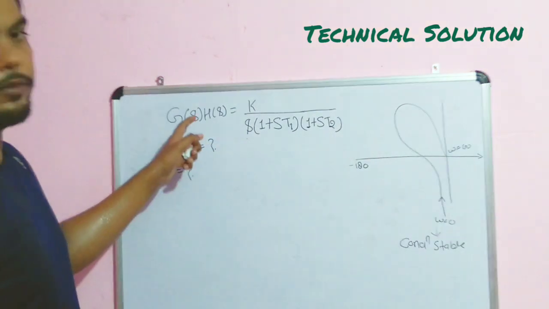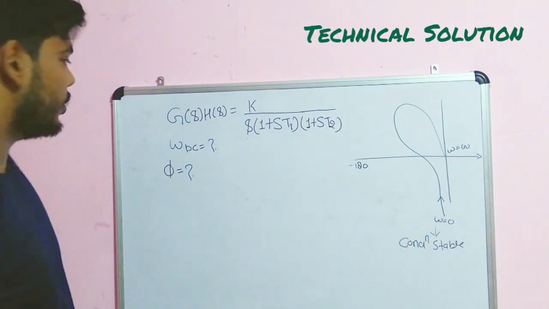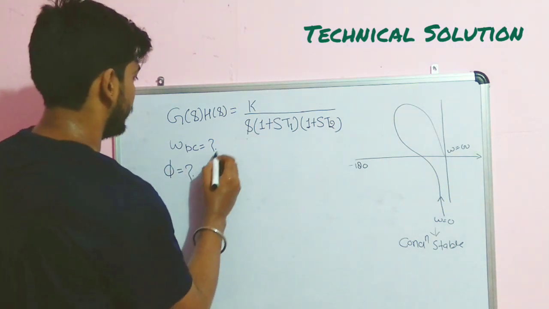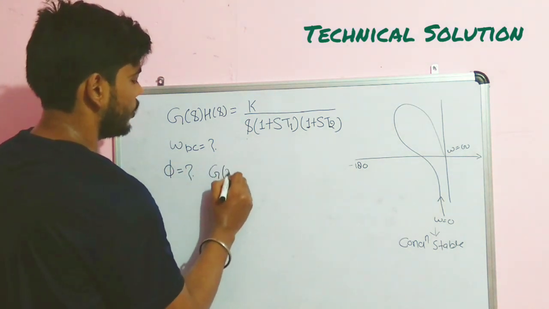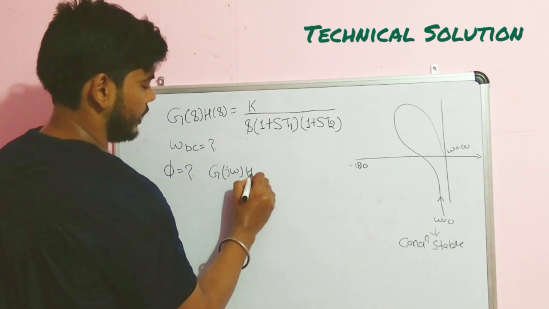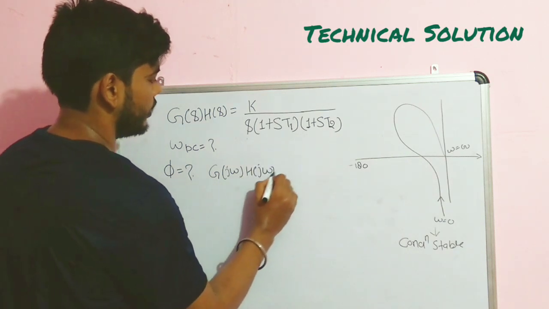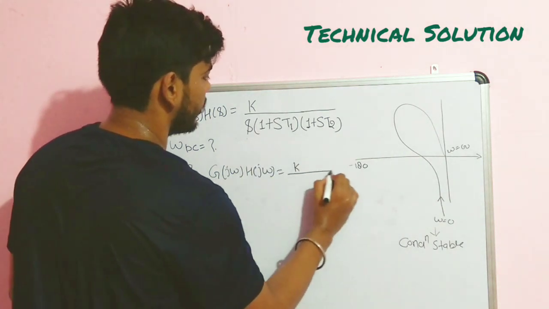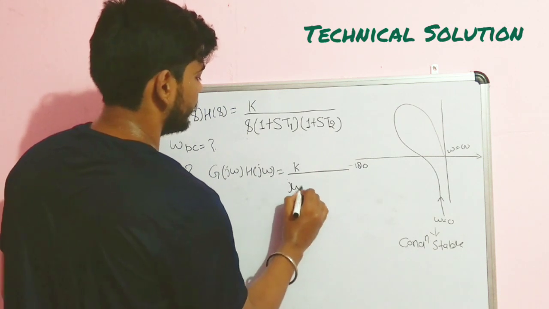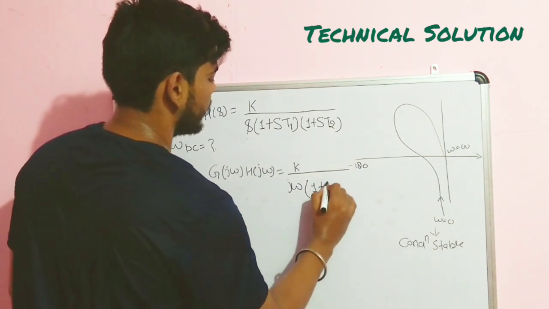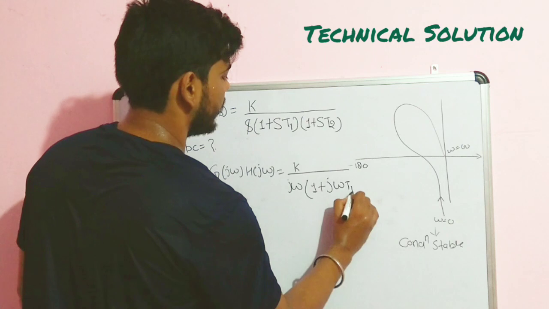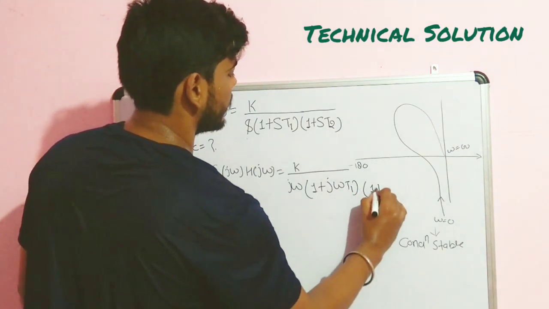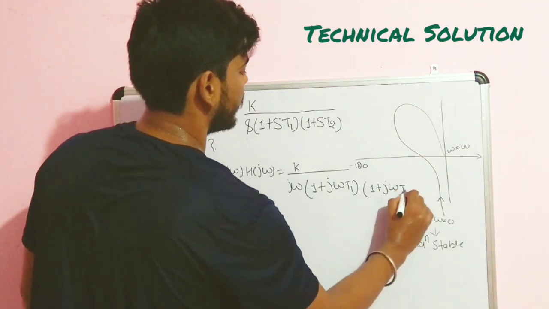To find the phase, we first put s equal to j omega in this transfer function. G(j omega) H(j omega) is equal to k upon j omega (1 plus j omega t1)(1 plus j omega t2).